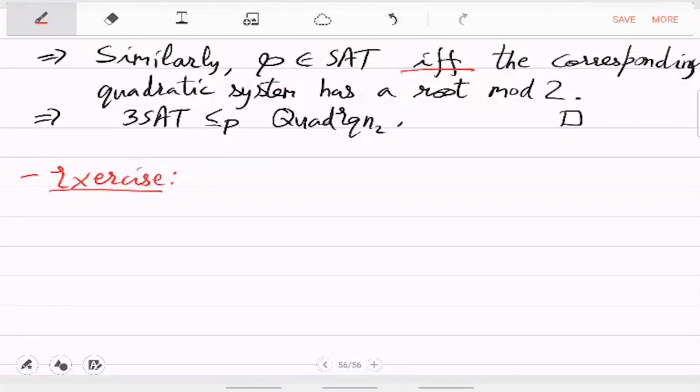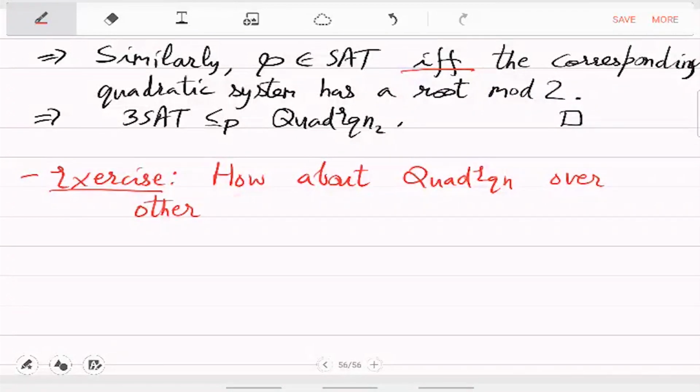So how about quadratic equation solving over other fields? Which means finite fields, field of rationals, field of reals, complex, and so on.